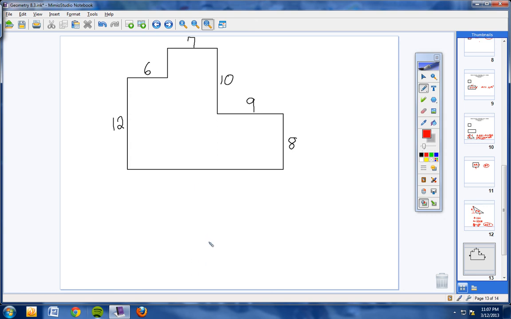And then we're going to find the area of this strange shape. Okay, take a second and copy this down.